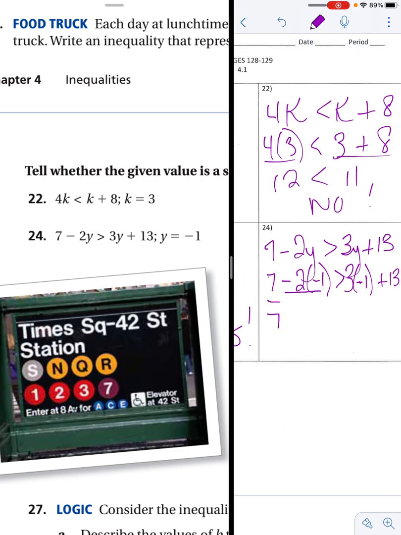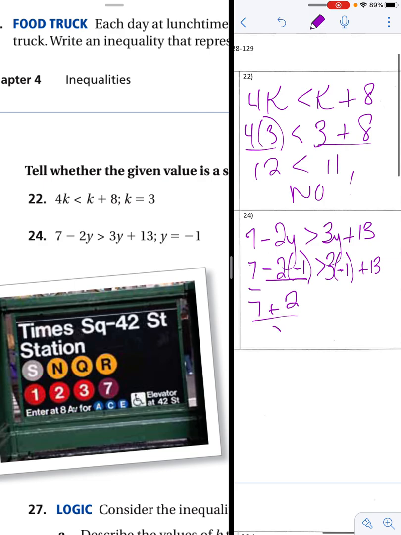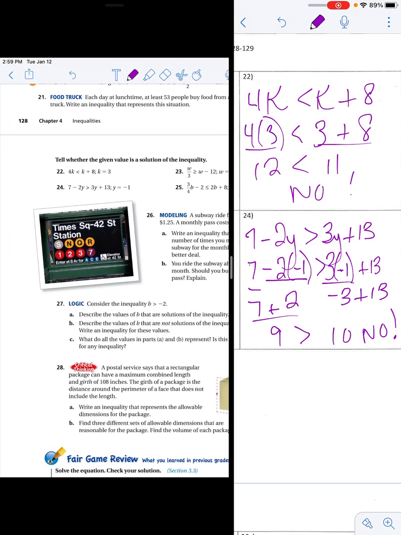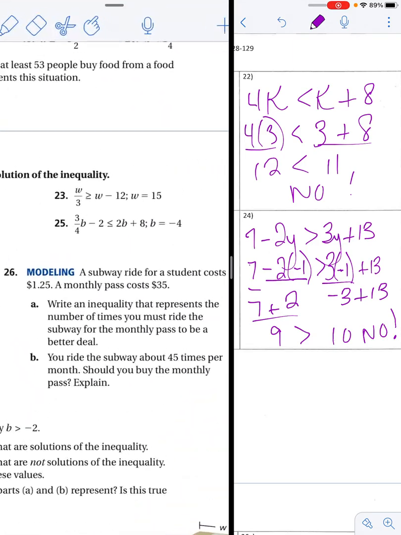Let's solve on both sides. Negative 2 times negative 1 would be a positive 2, which gives me 9 on the left. 3 times negative 1 is negative 3 plus 13, different signs. The difference is 10, and there's more positives. 9 is greater than 10? No.